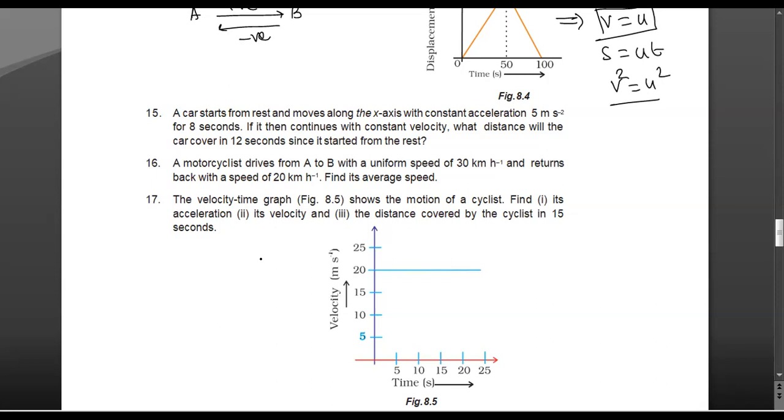Tell me, are you solving this one or shall I solve it for you? I am solving. Yeah, solving. Okay.